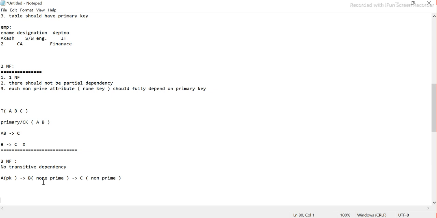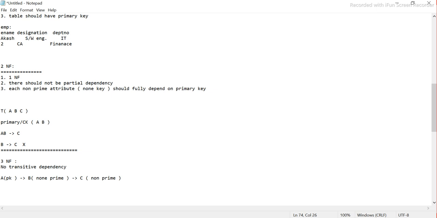Which means that this particular non-prime column C is dependent on non-prime column B. So this says no transitive dependency.